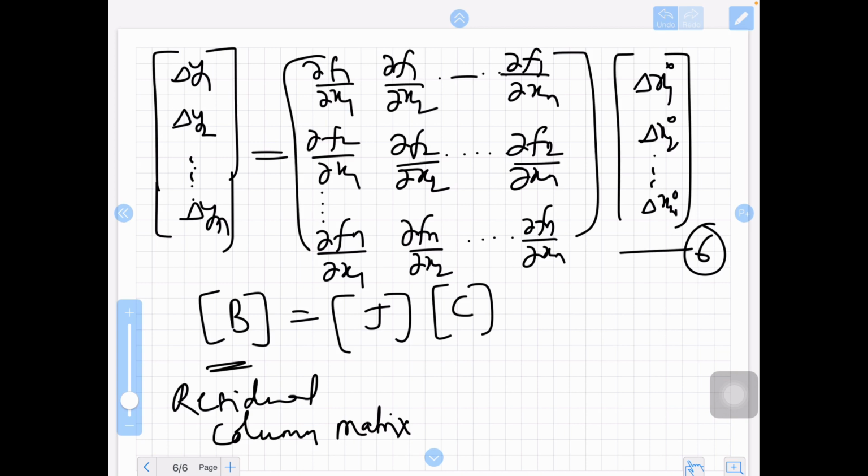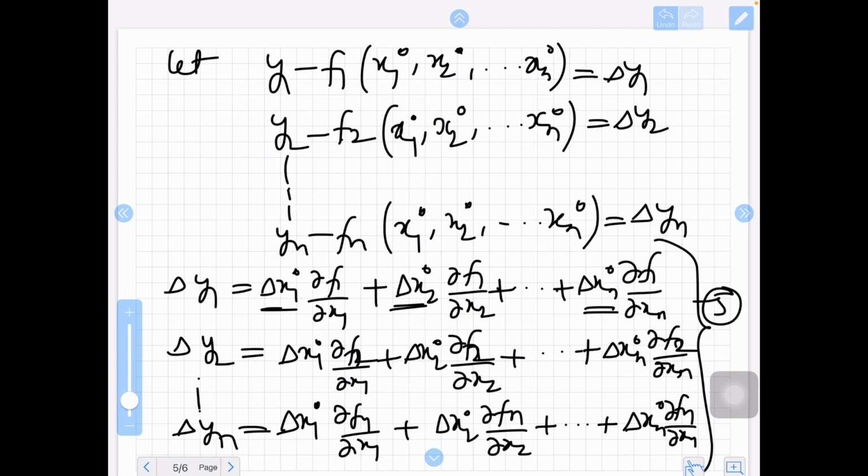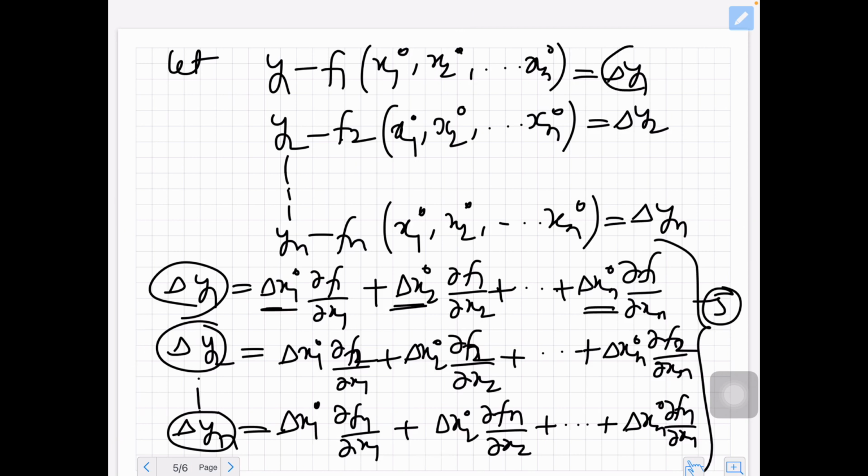If you see these elements of the B matrix in the previous equation, this is delta y1, delta y2, delta yn. This delta y1 is nothing but the difference between the specified quantities and the calculated quantities at the initial assumed solution.